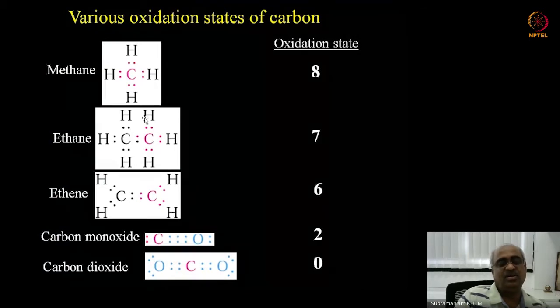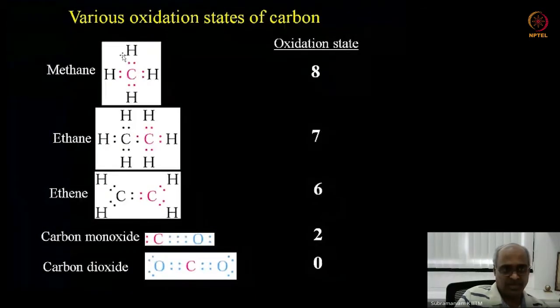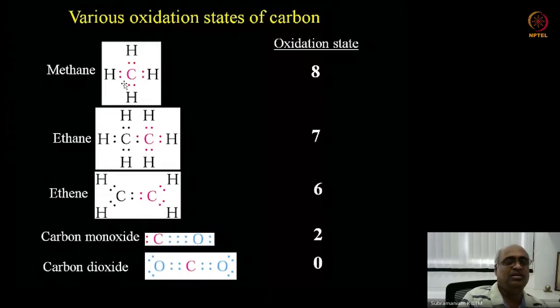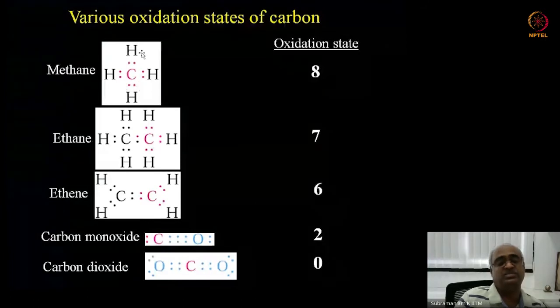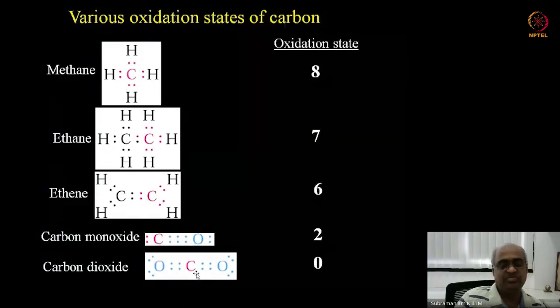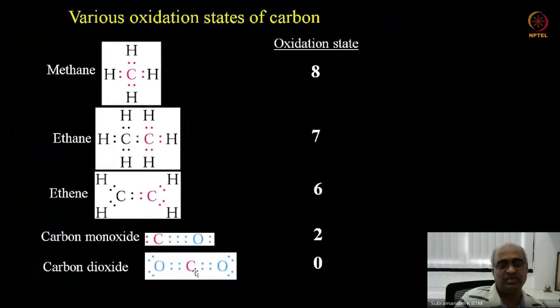Okay, so this carbon has the maximum reduced state, like maximum claim on the maximum number of electrons. Here it has the least, basically 0 here. So these are the 8 oxidation states of carbon.